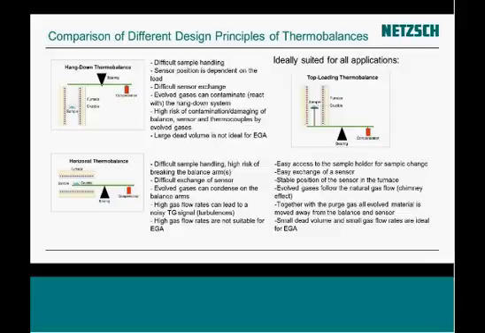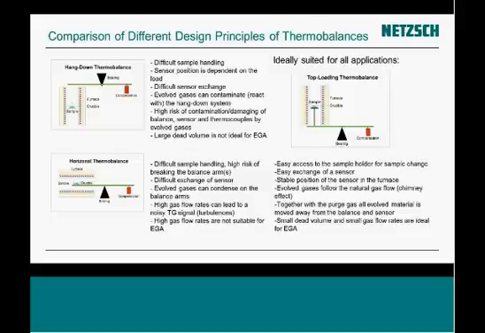You can see from the scheme here that the hang-down and the horizontal designs have their disadvantages. The major disadvantage is that it is risky to load the samples, so the hang-down wire or the horizontal beam can easily get bent or crushed.